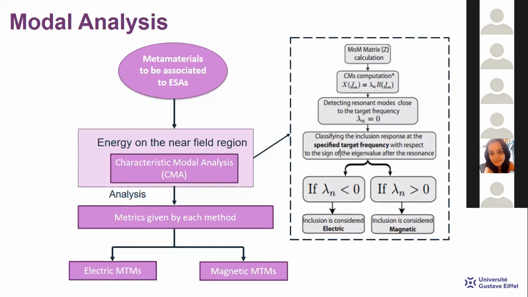Based on the sign of the eigenvalues, we can classify our inclusion as electric or magnetic. If we have an eigenvalue equal to 0, this inclusion is resonating at a given frequency. If the eigenvalue is negative, we can classify at a given frequency that this inclusion is electric, and it is magnetic if the eigenvalue is positive. So the geometry is considered as magnetic, and the mode is considered as a magnetic mode.